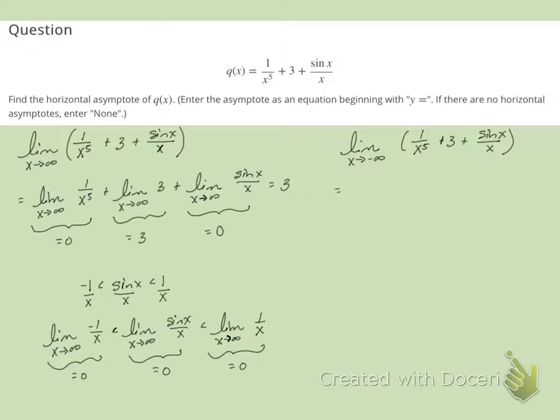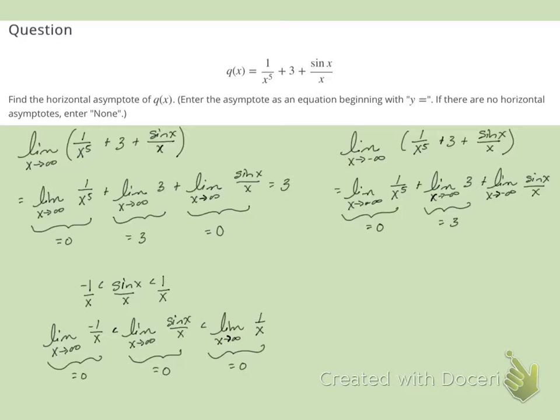So we can, again, pass this limit through to each term. But the fact that it's negative infinity doesn't really change the answer here. This is still equal to 0. This is still equal to 3.